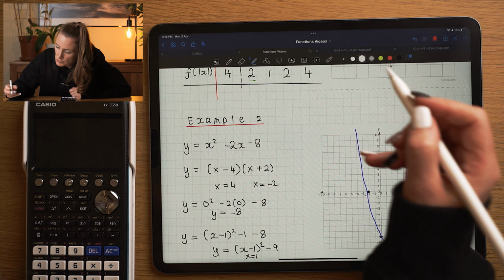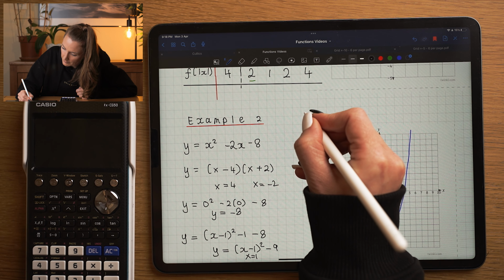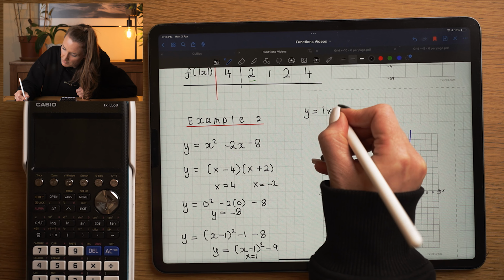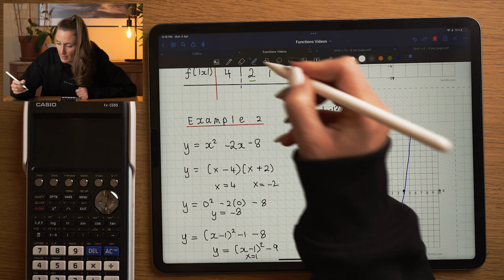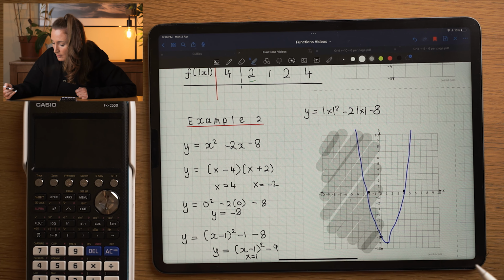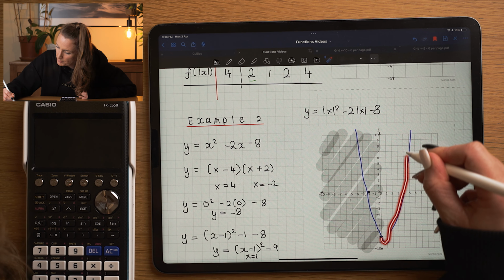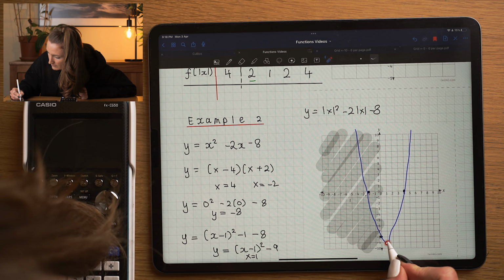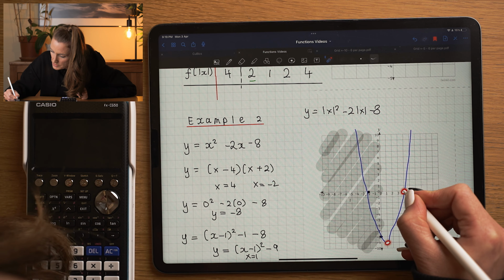Now what I'm going to do is draw the function y equals the absolute value of x squared minus 2 times the absolute value of x minus 8. Oh, that was a mouthful. I'm going to take this section of the graph, I'm going to remove it, and I'm going to reflect this portion of the graph. Now this key point is going to help me also, and so is this one, to get everything just right.